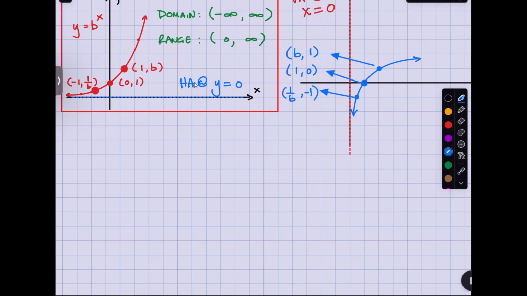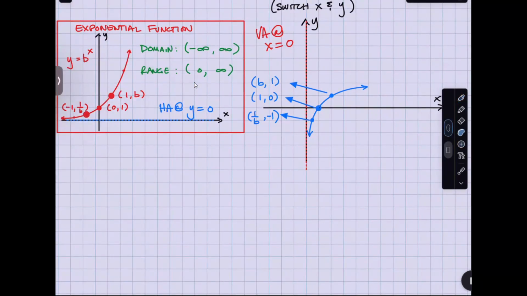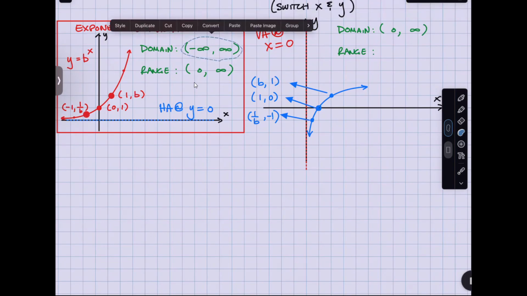What happens to my domain and range? They also switch, right? The domain becomes the range and the range becomes the domain.